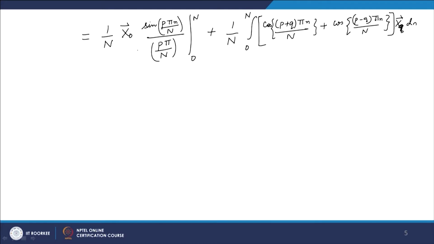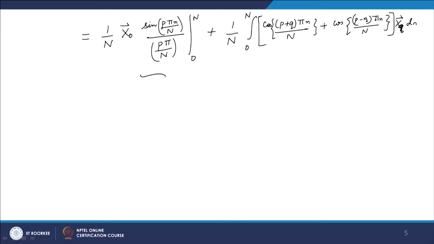And then we will pretty much get 0 except the case when p is equal to 0, in which case what we have here is n for p equal to 0 and 0 otherwise. So, what I get here is delta p 0 x 0.